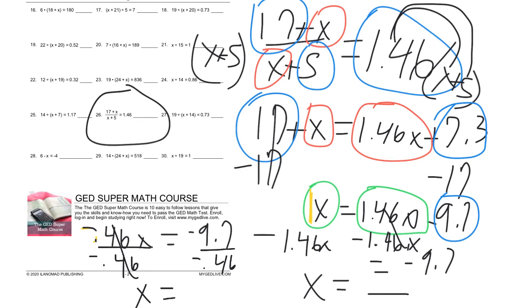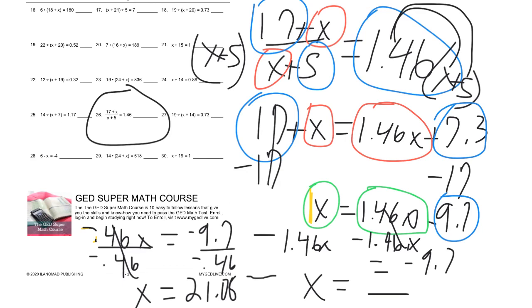And then the final math I have to do is minus 9.7 divided by minus 0.46. That's going to give me 21.08 positive again, because a negative divided by a negative is a positive, and there are some more decimal points there, but we're just going to leave those out for the sake of this problem.